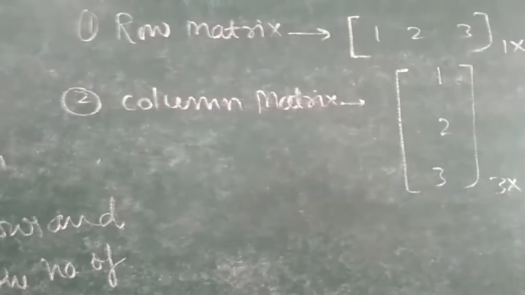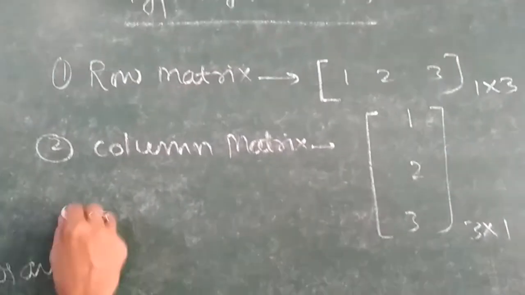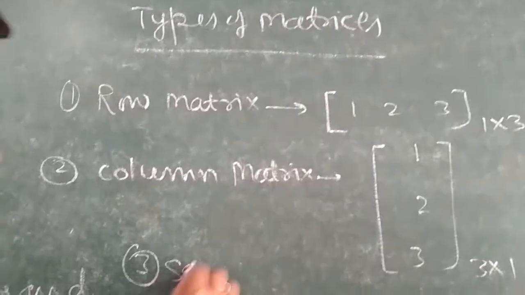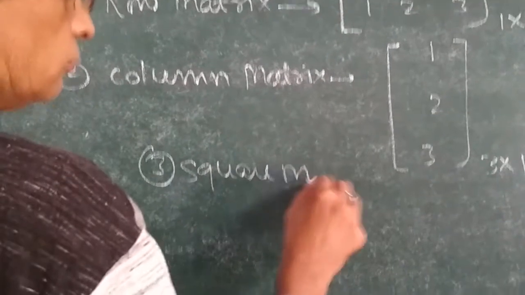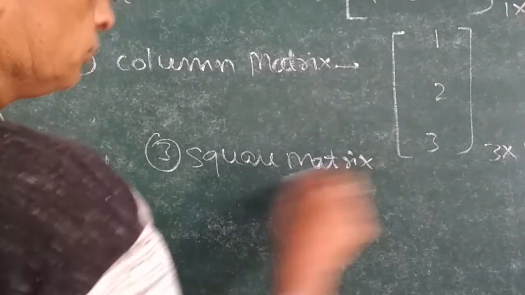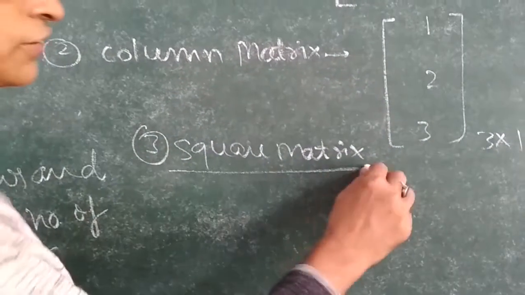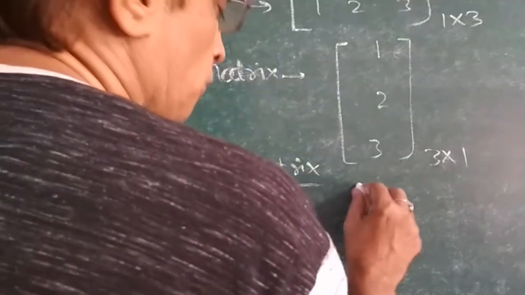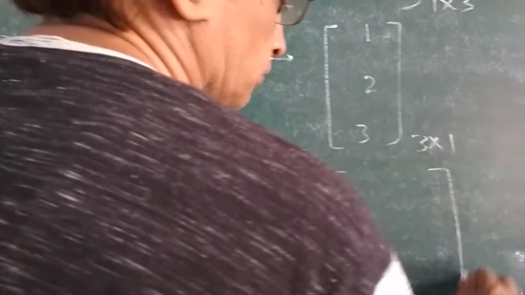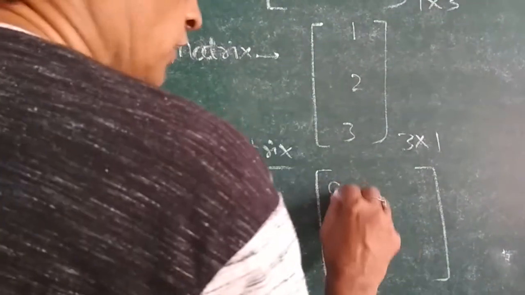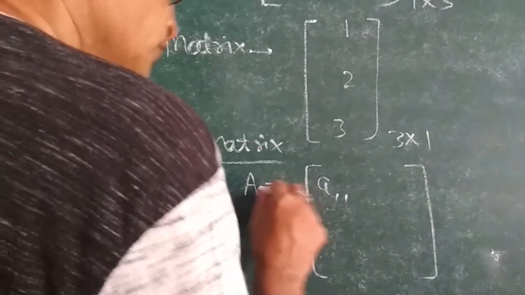Now I come to the square matrix. Third. A square matrix is a matrix in which the number of rows and columns are the same. For example, this is a square matrix.